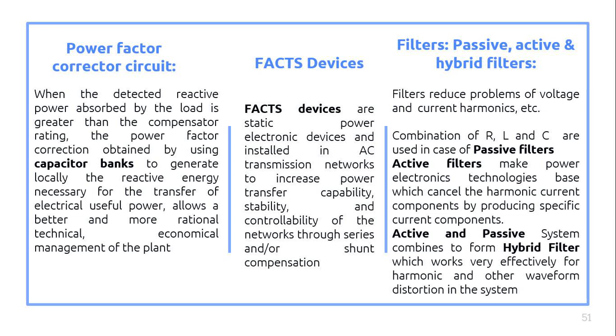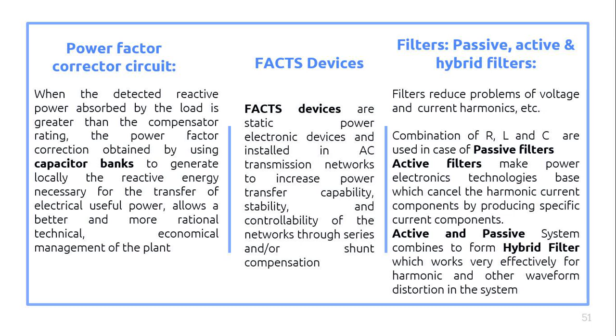A passive filter uses a combination of R, L and C. Active filters are based on power electronic technologies, which cancel the harmonic current components by producing specific current components. Active and passive systems combine to form a hybrid filter, which works very effectively for harmonic and other waveform distortion in the system.